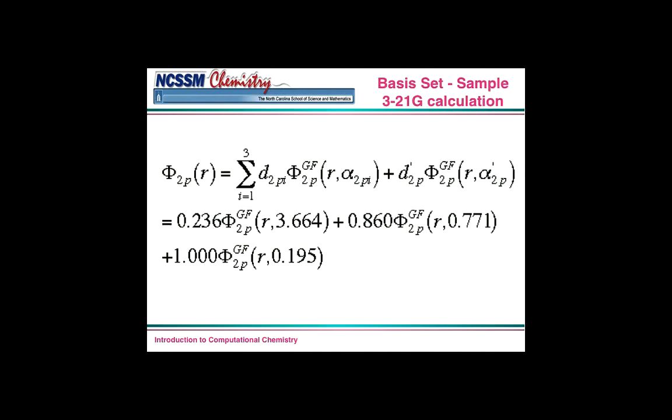The good news is that when you select a 321G basis set, this is the mathematics that's happening. But you really want to have in your head a little bit about what's happening here mathematically. If you were to have a 631G calculation, for example, you would be using an STO-6G to approximate the inner or core electrons.